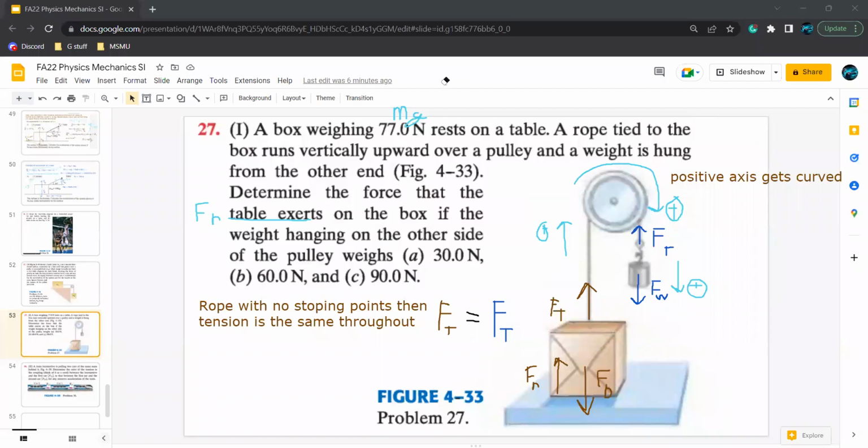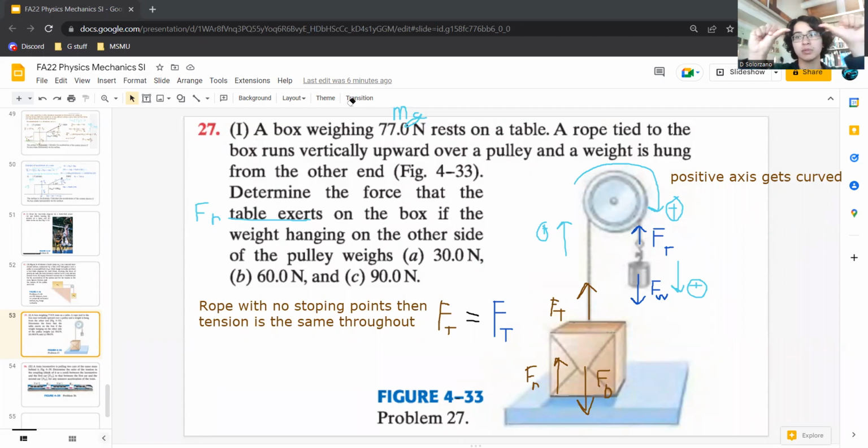So then what does that mean for us? That means this force T here that's going upwards is negative force T here. Well, that doesn't make any sense. You have force T is equal to force T. How can that be? It's because you have the same length of rope. So depending on where you're looking at the rope, if you're looking at it on this side, then it's pulling this way, right?